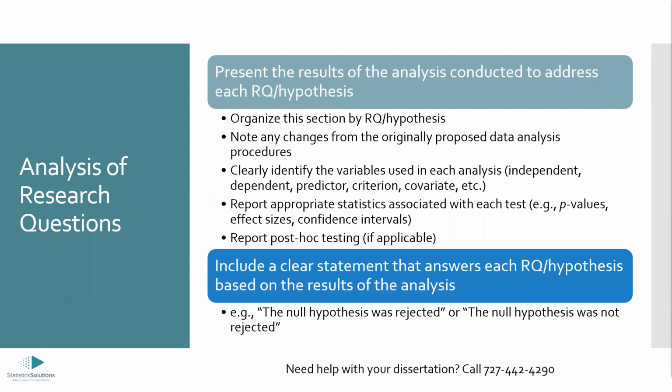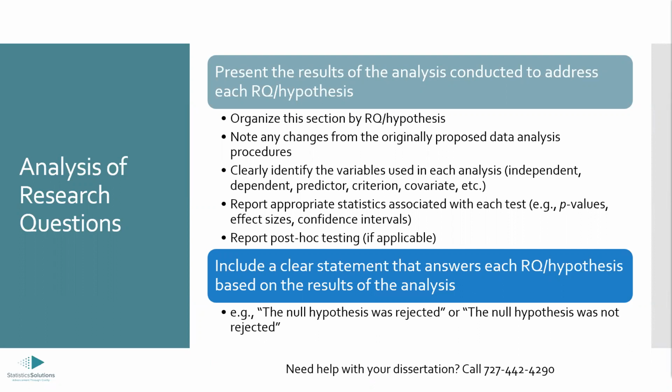And very importantly, you want to include a clear statement that answers each research question or hypothesis based on the results of the analysis. So you'll want to be able to present the results of the analysis, make an interpretation of those results, and be able to answer your research question or hypothesis very clearly.